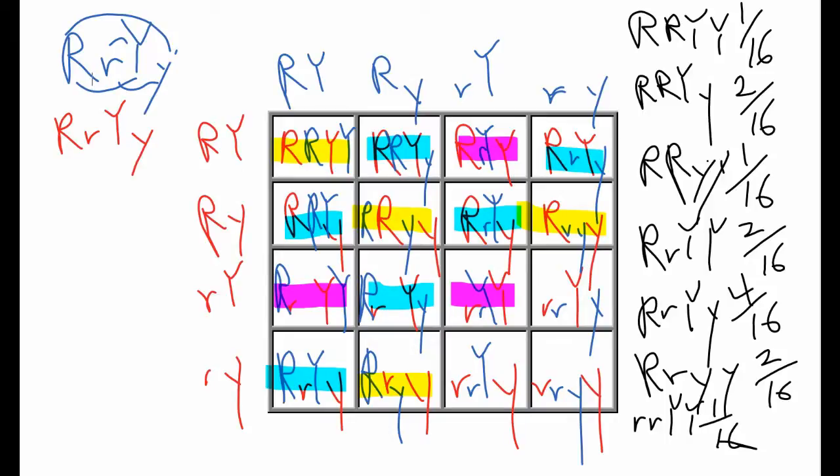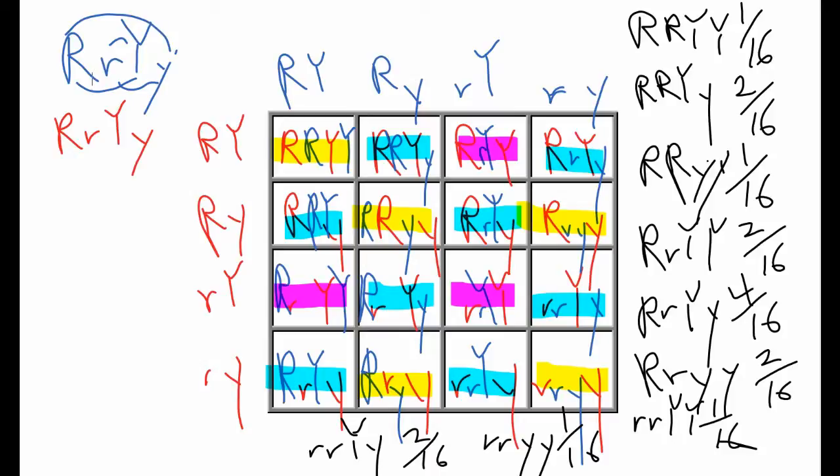And then we have homozygous recessive for seed shape and heterozygous for seed color. There are 2 that look like that, 2 out of 16. And then finally, there's homozygous recessive for both traits, and there is only 1 that looks like that. That's how you figure the genotypic ratios.